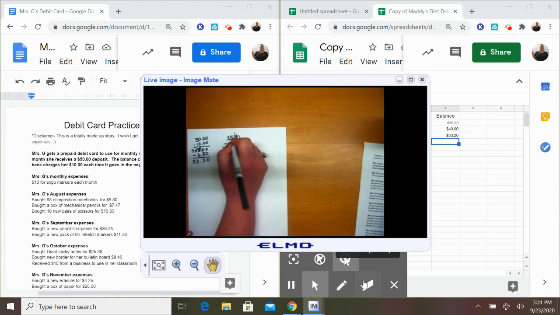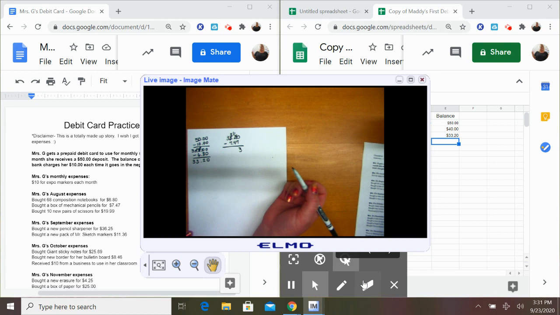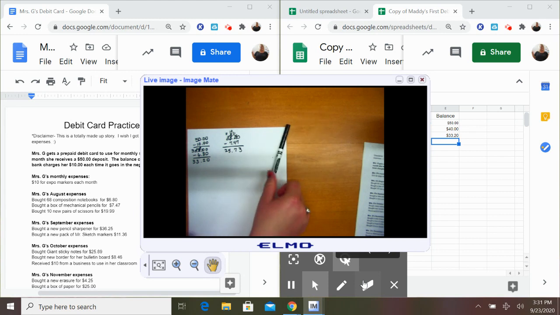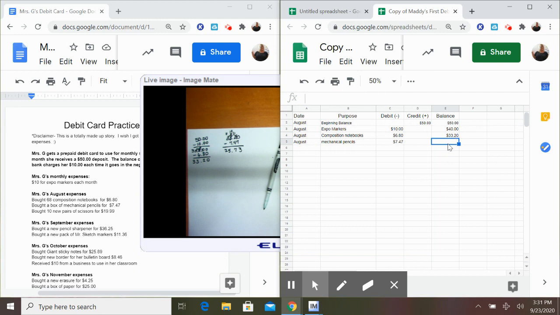I can't take 4 from 1, so I have to borrow. 11 minus 4 is 7. I can't do that, so I have to borrow again. That makes this a 12. 12 minus 7 is 5. Bring down my 2. So now I'm left with $25.73. So I'm going to put that on my balance. $25.73. Don't forget to put your decimal point in there.